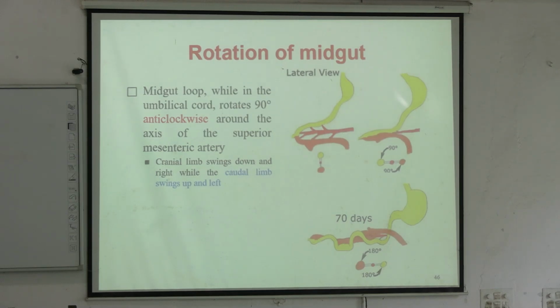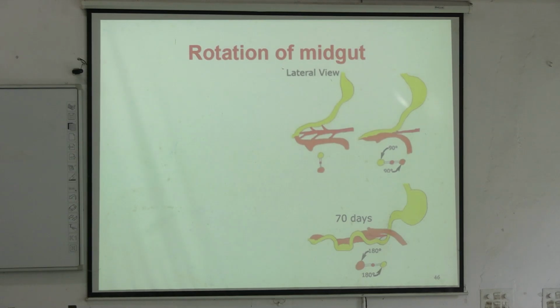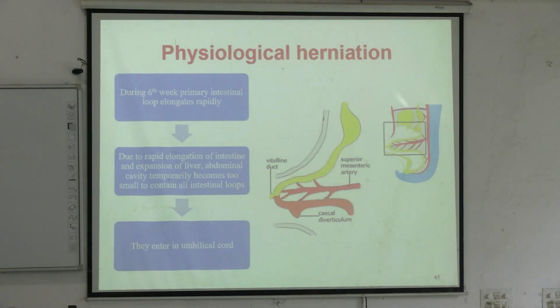This whole phenomenon of physiological herniation of the midgut loop is an exam short note that you have to keep in mind, and this rotation takes place around the axis of the superior mesenteric artery.